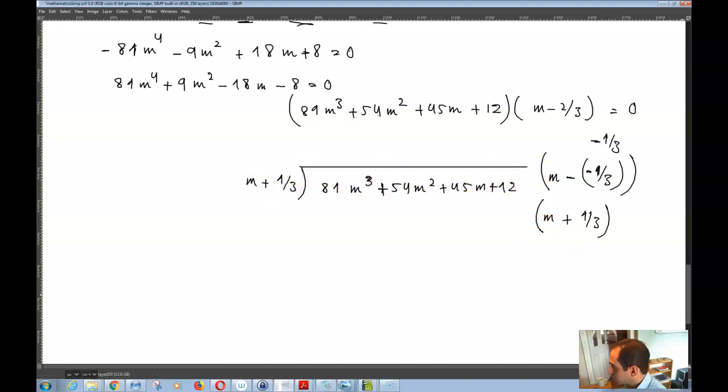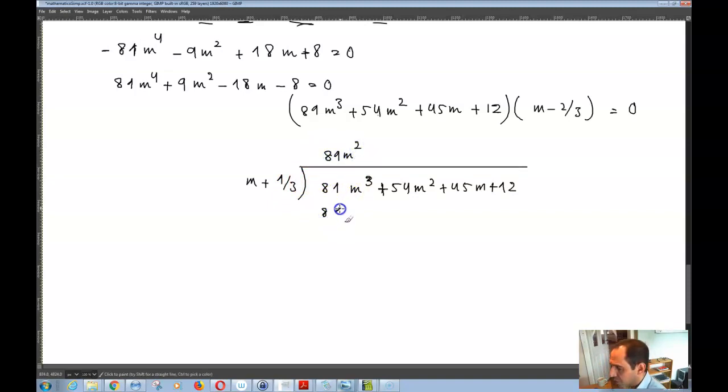That is basically 81m cubed, and 81 divided by 3 is equal to 27. That's 27m squared.